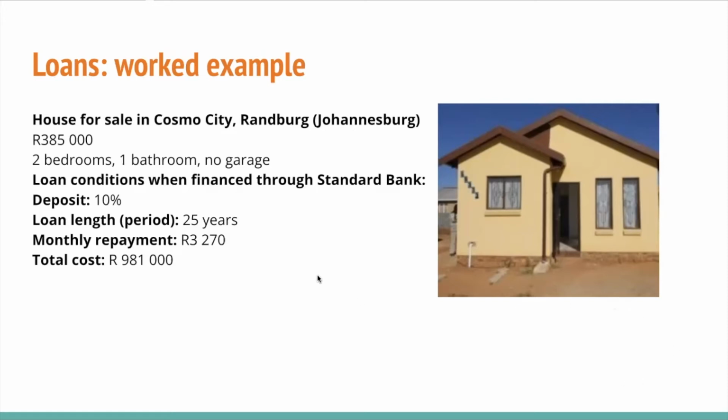And then the interest rate. Most banks charge interest on a loan. I'm saying most banks because some banks don't. Well, a few that follow Sharia law, which is for Muslims. But most banks that we know, like Standard Bank, FNB, all those banks, they'll charge interest on a loan.